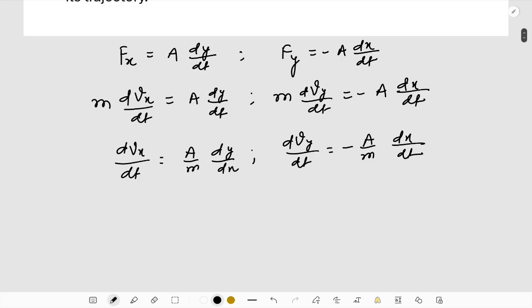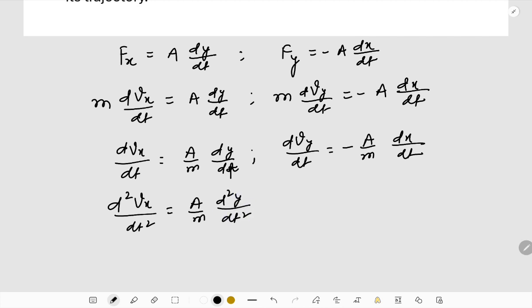So I'm going to differentiate them once again, so that this becomes d2vx upon dt square equals a by m d2y upon dt square.